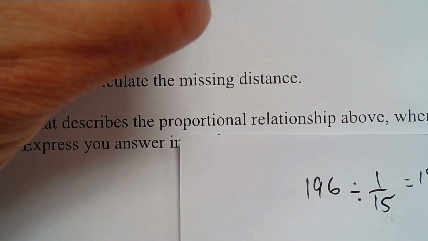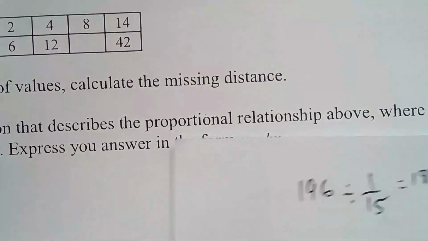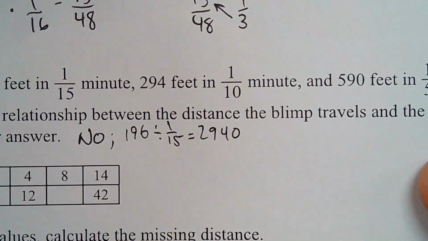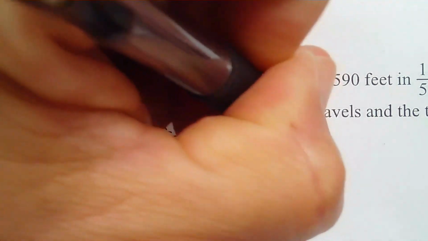196 divided by 1/15 is 2940. Oops, you can't see what I'm writing. And then I would say 294 divided by 1/10 equals 2940, and 590 divided by 1/5 equals 2950.